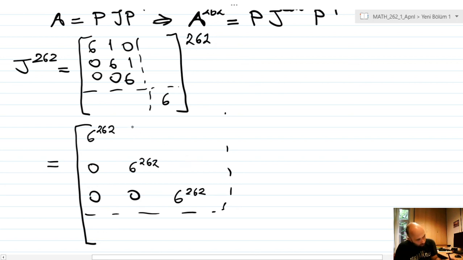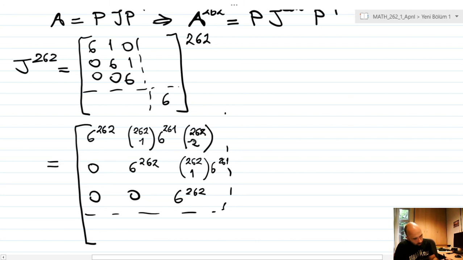Here on these two entries are going to be 262 choose 1 times 6 to the 261, 1 power less. And the corner element will be 262 choose 2, times 6 to the power 260.